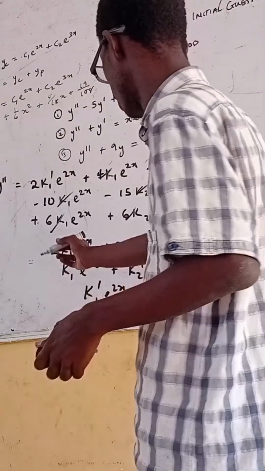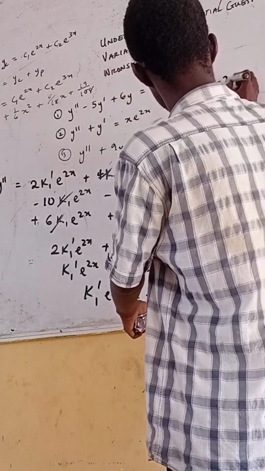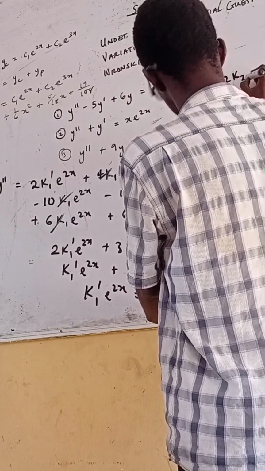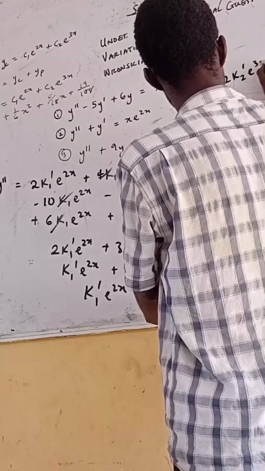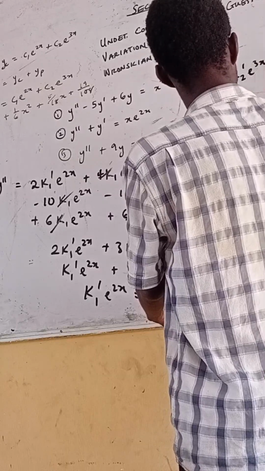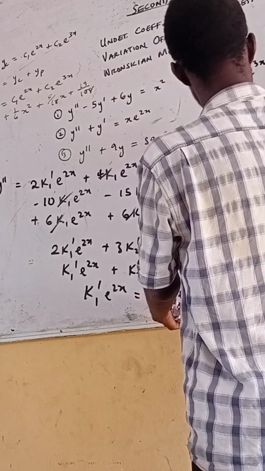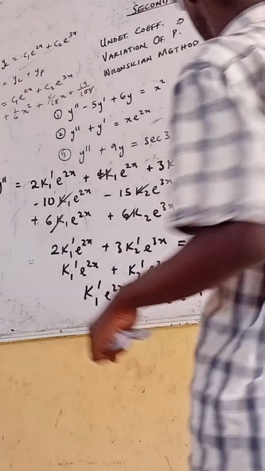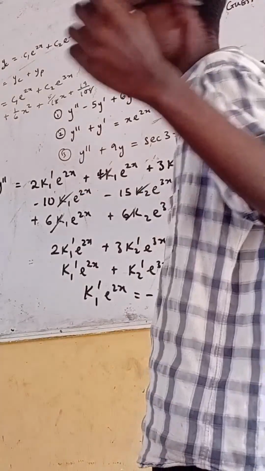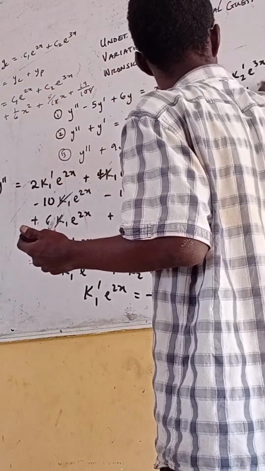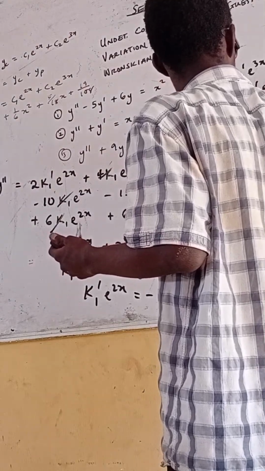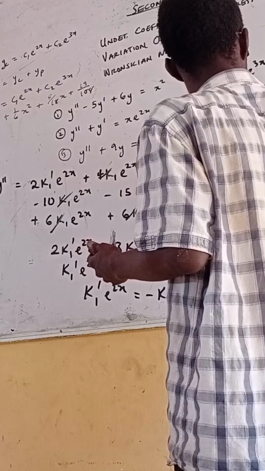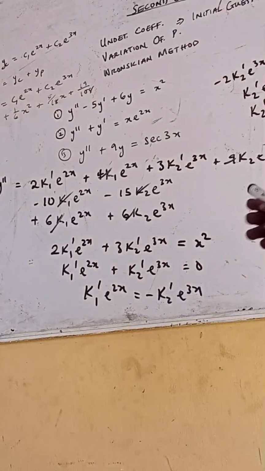So if I put this inside here, I'm going to get minus 2, instead of writing k1 e raised to power 2x, I get minus k2 prime e raised to power 3x plus 3k2 e raised to power 3x, right? Is equal to x squared. Minus this plus this, it remains 1. So it remains k2 prime e raised to power 3x equals x squared, which means k2 prime equals x squared e raised to power minus 3x. Do you get what I did?